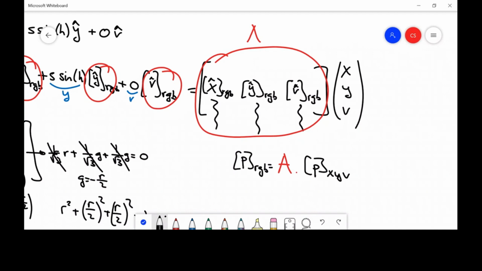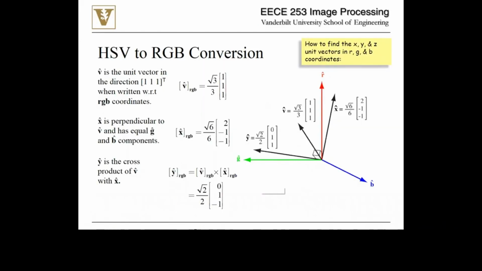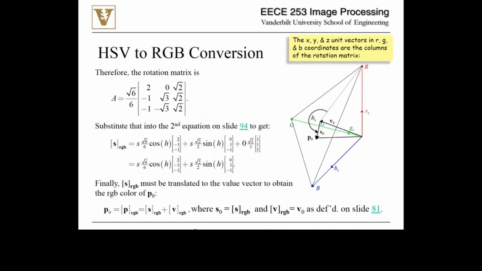So it is the X, Y, V expressed now in the RGB coordinate system. And the transformation looks weird, but it is very simple.